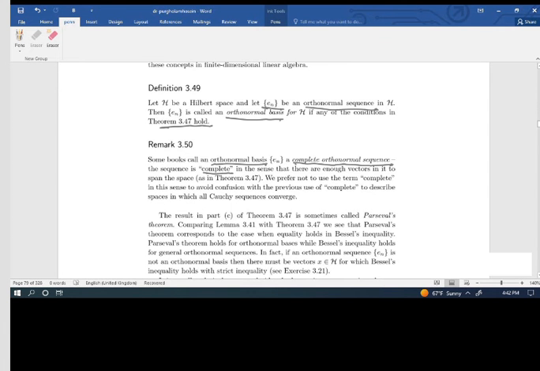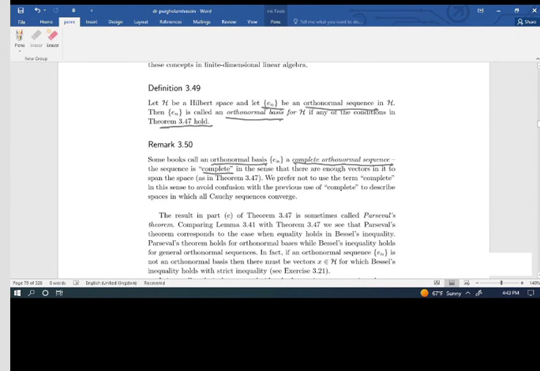Here complete means there must be as many En as needed so they can consist of H. So we say complete in the sense that there are enough vectors in the sequence to span the space.